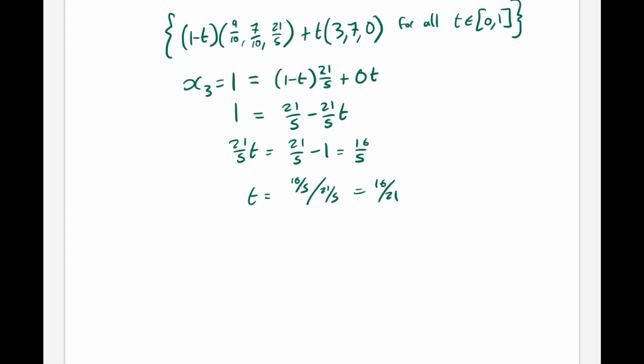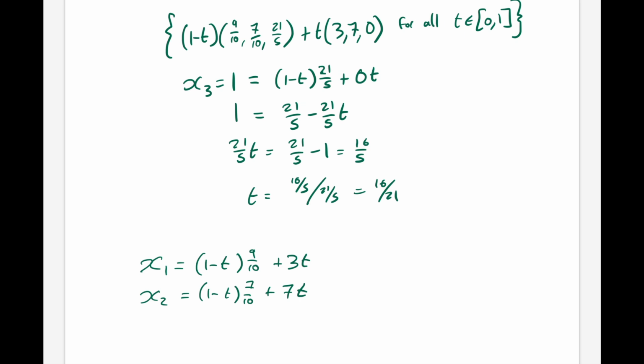So we have a value t equal to 16 over 21 corresponds with x3 equal to 1. Now, if this is the case, what must the other values take? x1 and x2 must then correspond to whatever this formula gives us when t is equal to 16 over 21. So we can say that x1, according to this formula, would be (1 minus t) times 9 over 10 plus 3t, and x2 would be (1 minus t) times 7 over 10 plus 7t.